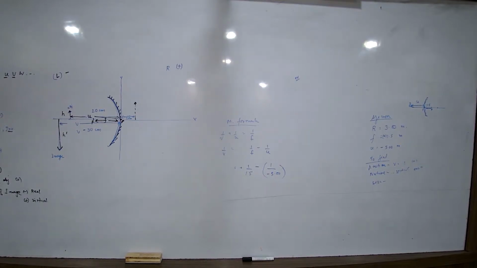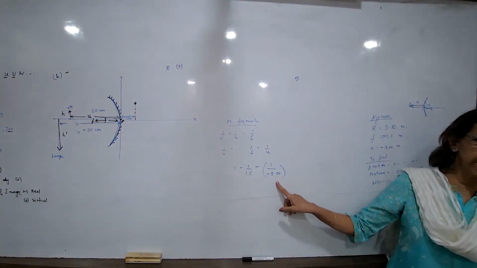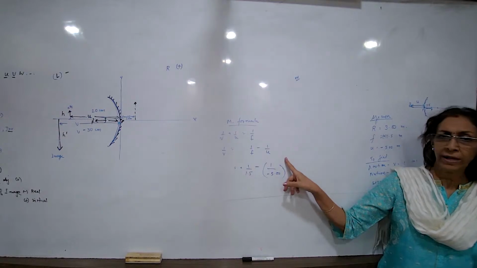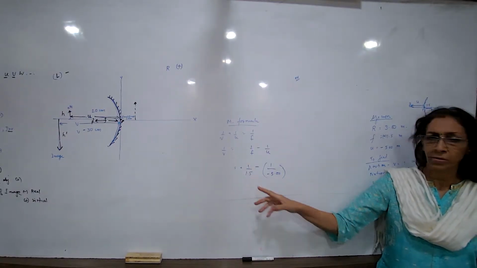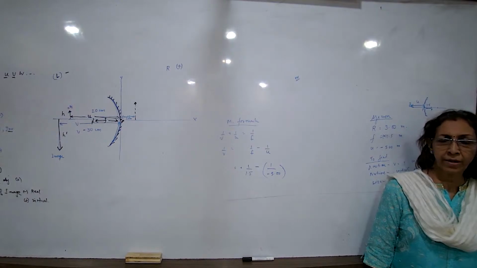How much you get? Correct. Yes. You can either take the LCM, okay, or you can also do the cross multiplication method. That's also perfectly alright. So 5 here and 1.5, okay, and multiply these two. That way is also perfectly alright.